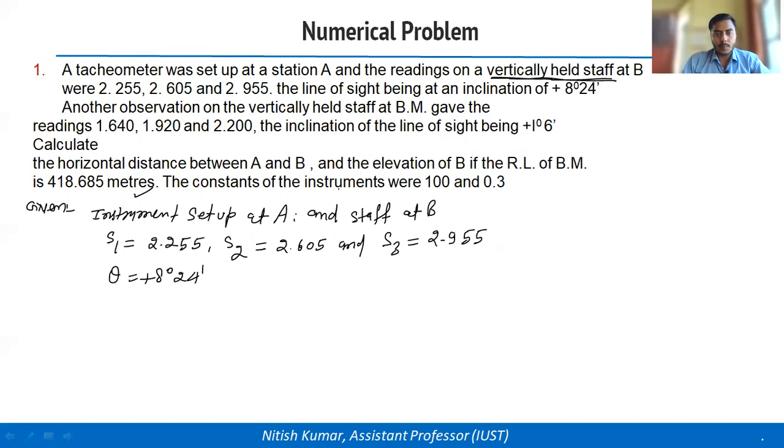The constants of the instrument were 100 and 0.3, given K is equal to 100 and C is equal to 0.3. So first, let's solve the horizontal distance between A and B. Suppose at station A we keep the instrument right here. This is A, and at some point this is B. We keep the staff vertical.